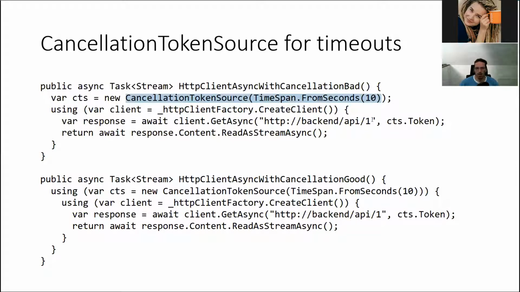And you might say, okay, this is fine. The problem is that the CancellationTokenSource, which is actually a class, is disposable. If you don't dispose it, the timer that's waiting for the 10 seconds will stay there forever, or at least longer, in case the GetAsync operation completed successfully.